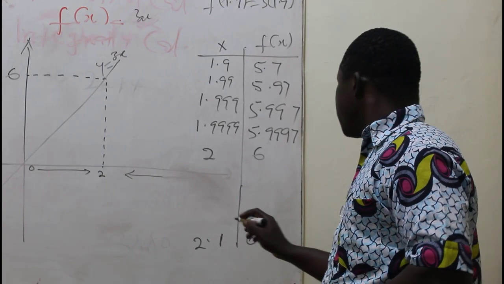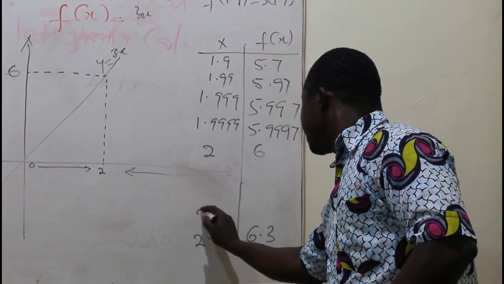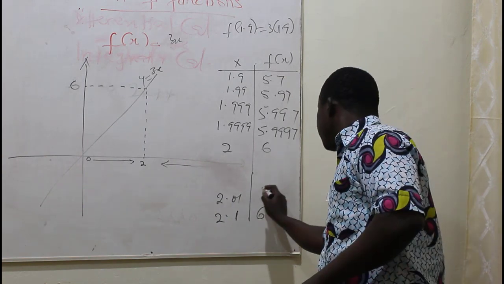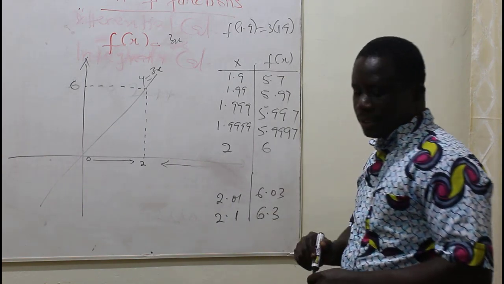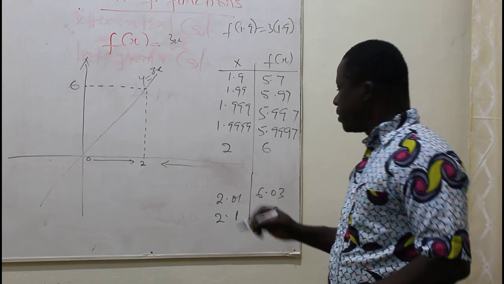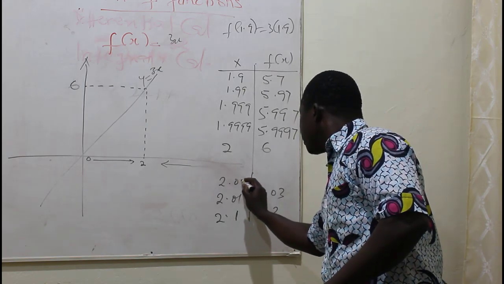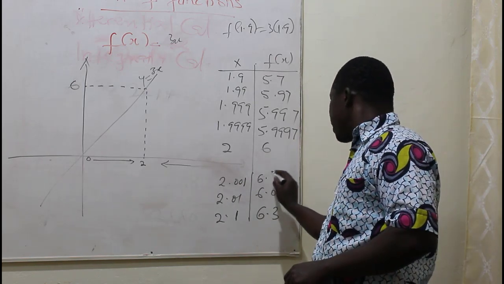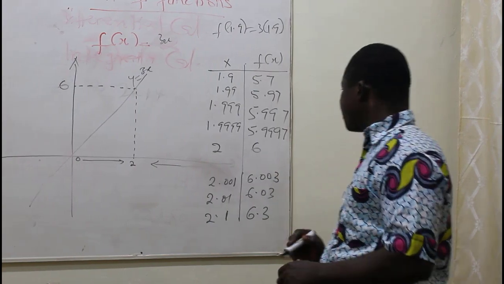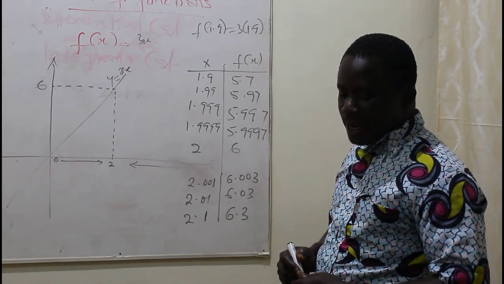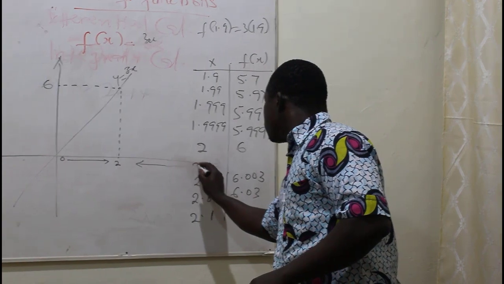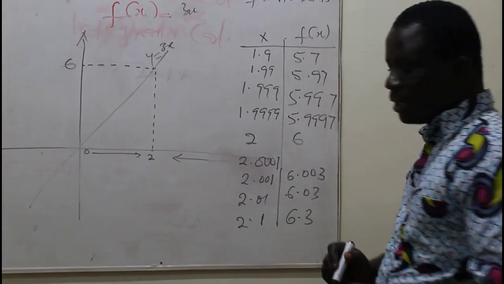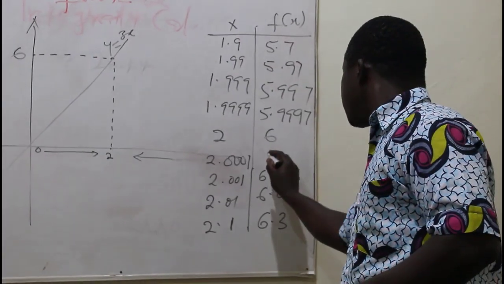Similarly, if you try a smaller value than this, maybe 2.01, it will give you 6.03. Again, when you put in 2.001, then the value will be 6.003. If you reduce further towards 2.0001, then the value will also be 6.0003.